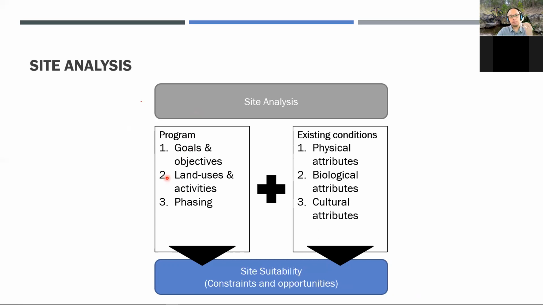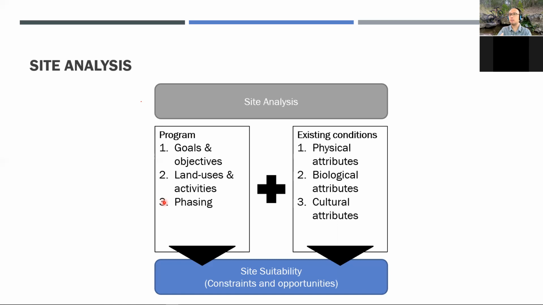And if there are any, what are the phases in which you will introduce the new land uses and the new activities? Because sometimes you can't build everything all at once. When you're introducing new functions, you may need to introduce them in stages.